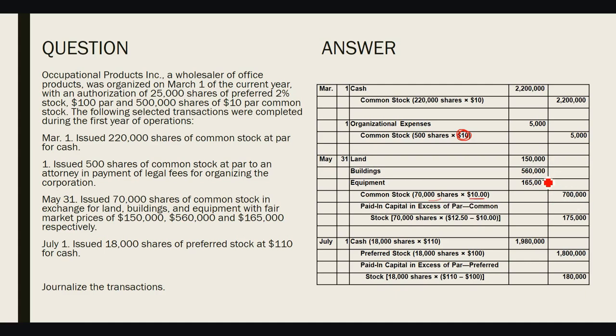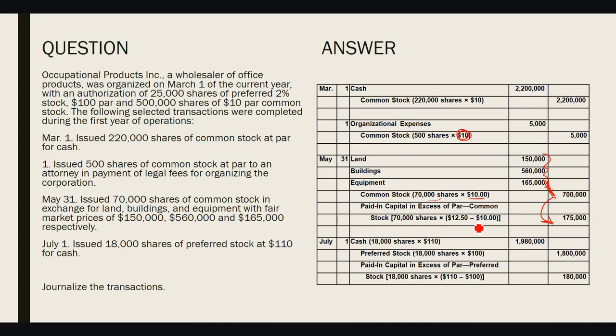That creates a difference between what we received versus what we are issuing, and that's $175,000, and that goes to paid-in capital. The excess is recorded as a credit to paid-in capital in excess of par.